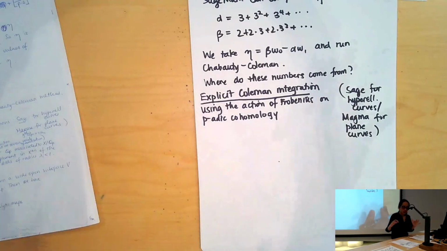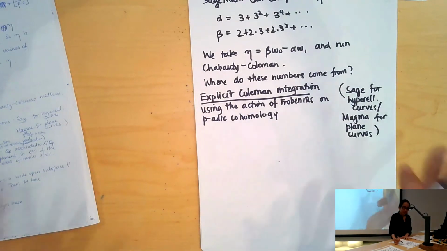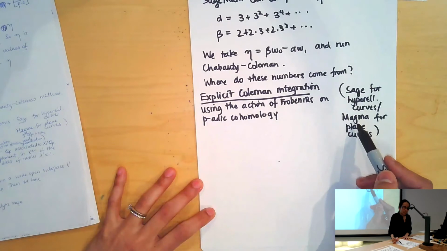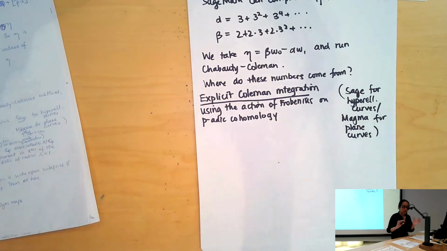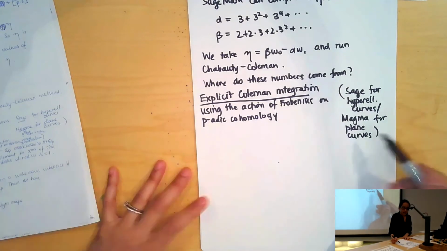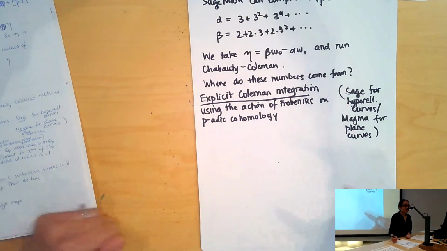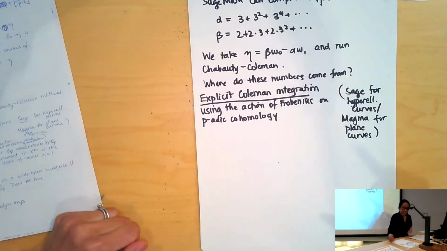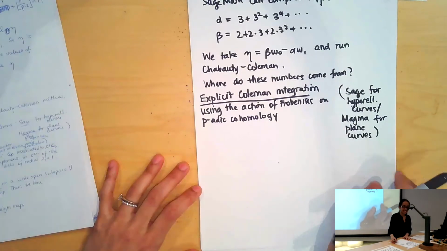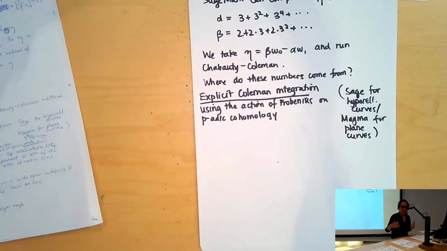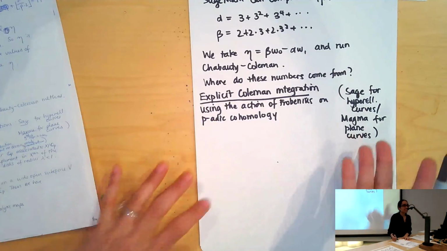A lot of people have tested this implementation. The Magma implementation is new, and it's not in the Magma kernel. It's in a GitHub repo that Jan Tuitman and I maintain. I encourage people to test it out with their favorite plane curves and let us know about the bugs that you find. If you have a curve that's not hyperelliptic, certainly that's a good thing to try.